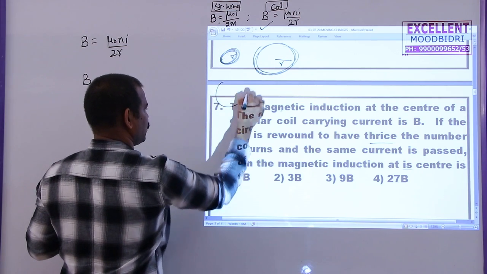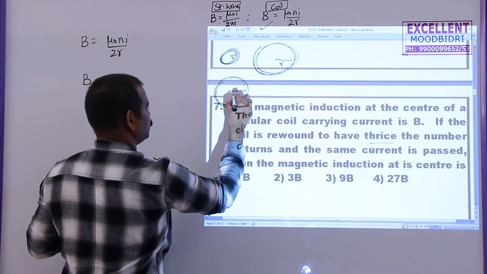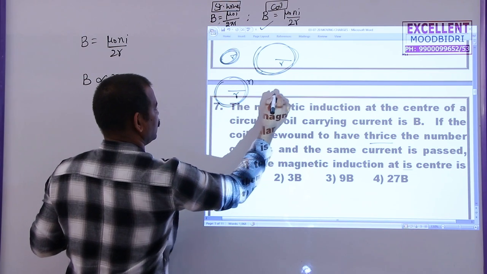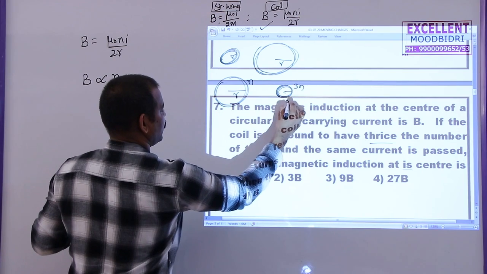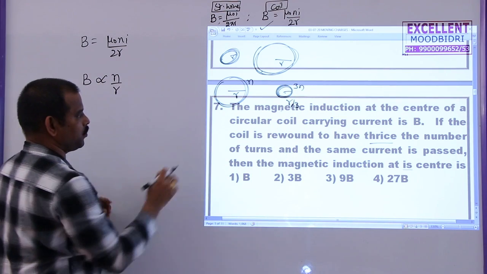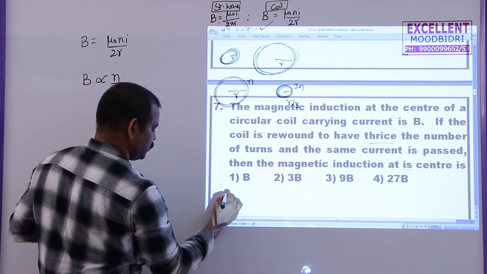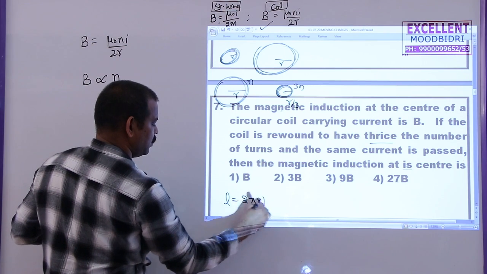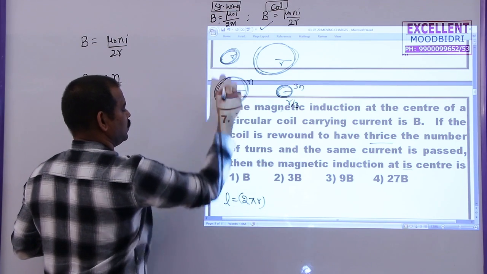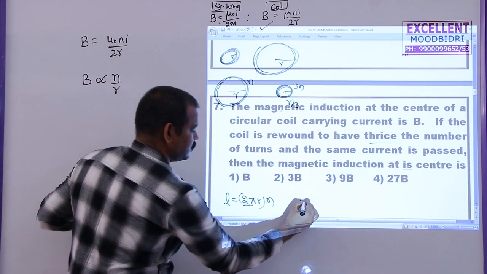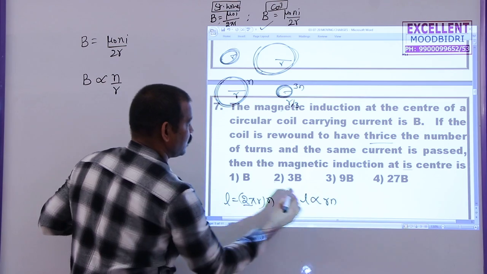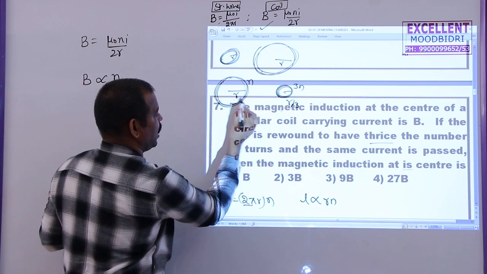If a coil is like this, whose radius is R and number of turns are N, and it is rewound to thrice the number of turns, the radius will be reduced to R by 3, because the product of these two must be the same. The length of this wire is 2 pi R for one circle into N. This is the total length of wire. So here 2 pi is constant, that is L is directly proportional to R into N. If N is tripled, R will be 1/3.